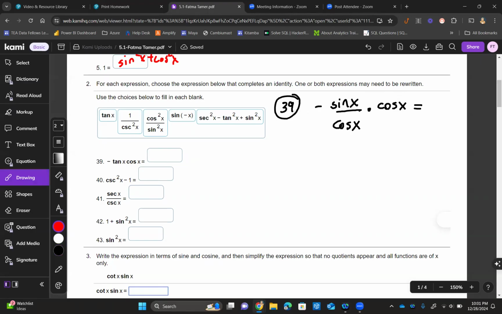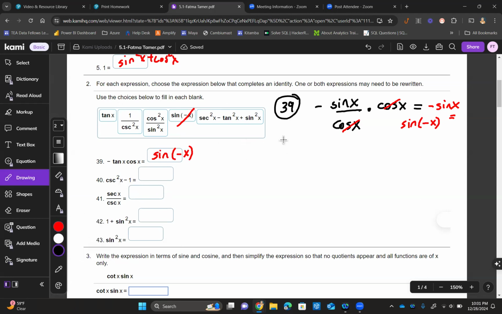So here, the cosine of x and cosine of x will cancel each other, and this will be simplified as negative sine of x. From here, this answer is not available, but see, sine of negative x, because sine is an odd function, is always equal to negative sine of x. So the first question here will take the answer of sine of negative x.